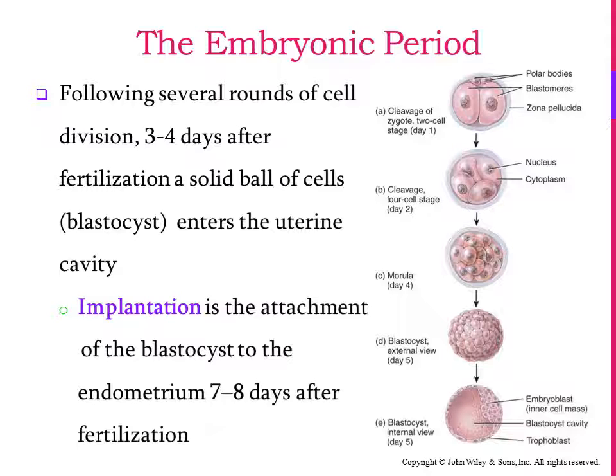Note that implantation usually occurs within the body of the uterus, not the fundus, not the cervix. Those are not consistent with a healthy pregnancy and will lead to a malplaced placenta.